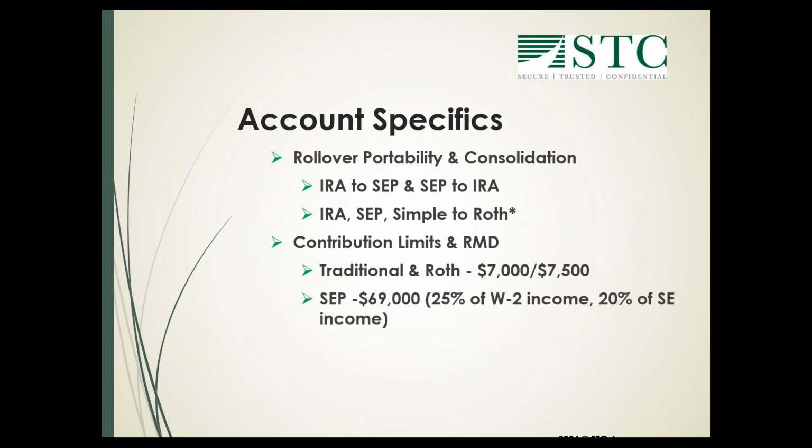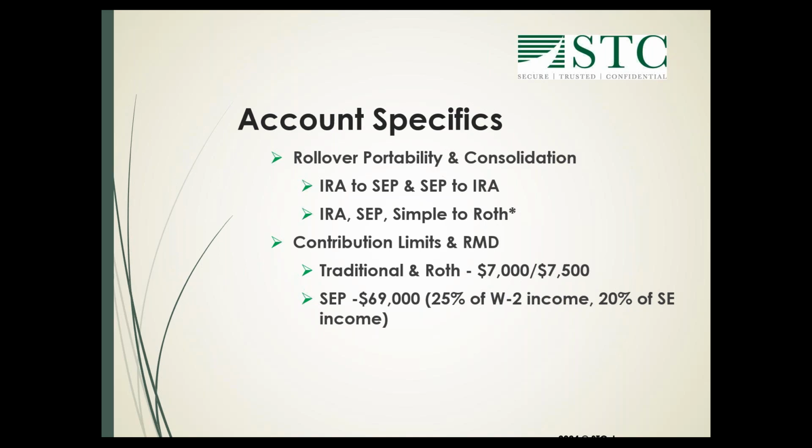Now with a SEP, the 2024 maximum contribution is $69,000. So here you see a significantly larger contribution. And that is, if you're getting a W-2 from this business, 25% of your W-2 income up to a maximum of $69,000.